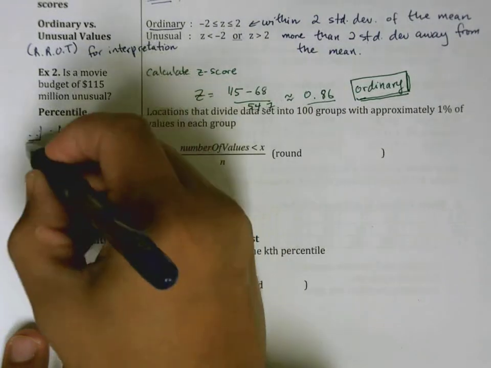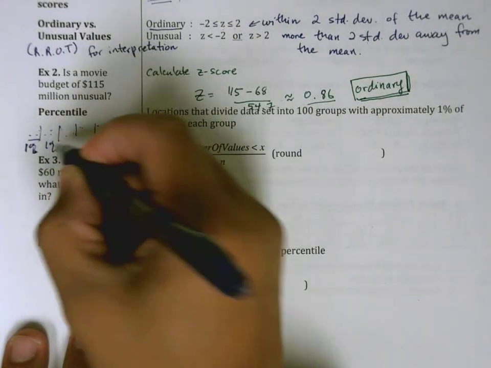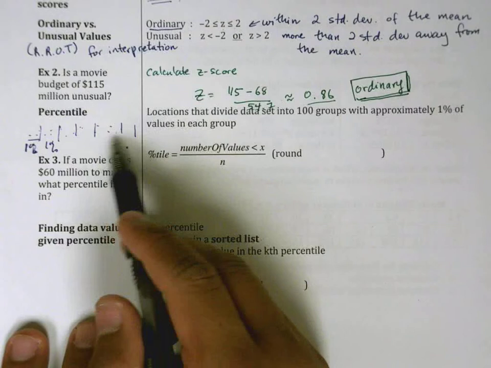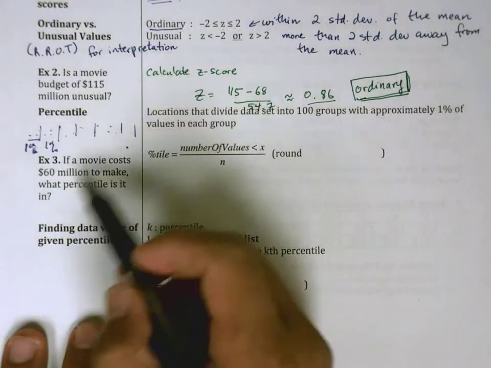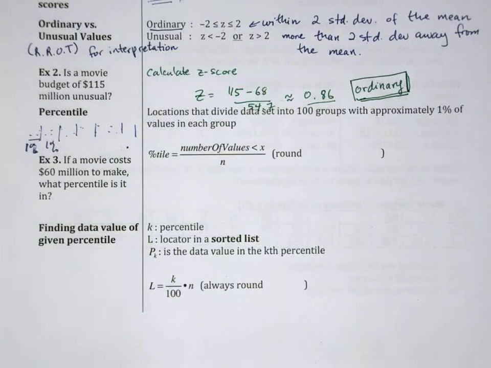This is about 1%, this is about 1%. Now, the distances between the bars may not be the same, because there may be more data in one segment than in another. But that's basically the idea.